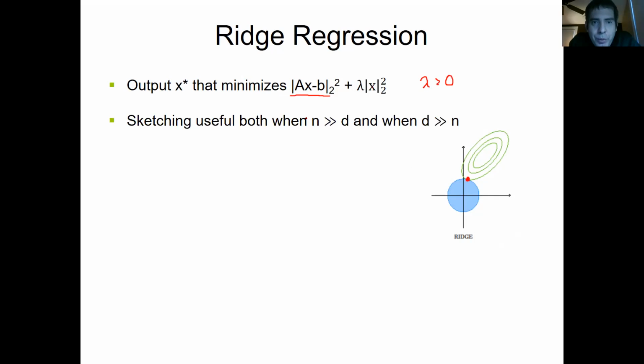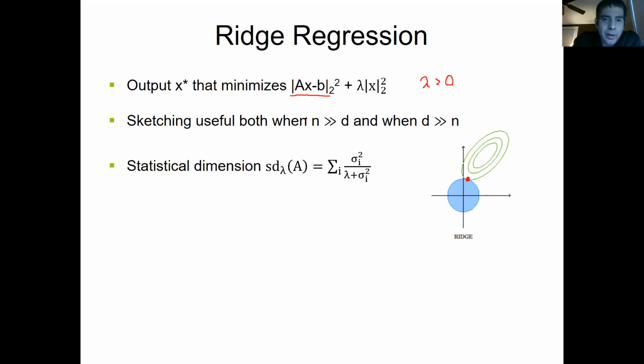It turns out that for these regularized versions of regression, sketching is useful both when A is tall and thin, and also when it's short and fat. And one thing that's nice here is that you can get a sketching dimension that depends not on the dimension of your data, but on what's called the statistical dimension. What this is defined to be is the sum over singular values i of sigma i squared over lambda plus sigma i squared.